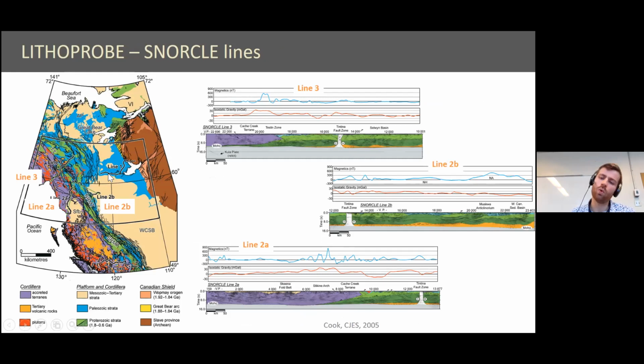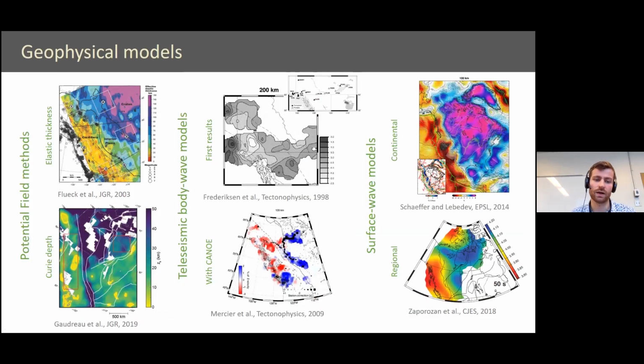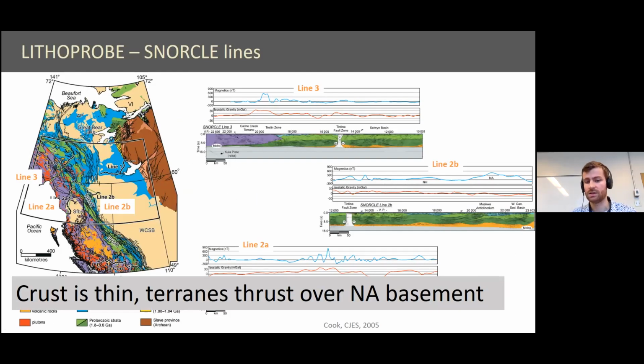I won't go through the entire details of the LITHOPROBE SNORCLE lines, but just to mention that, as you can see on these profiles, the Moho is very flat along the transect. There's not a lot of topography. The two main takeaways are that the crust is thin and that the terranes were thrust over a North American basement in the region.